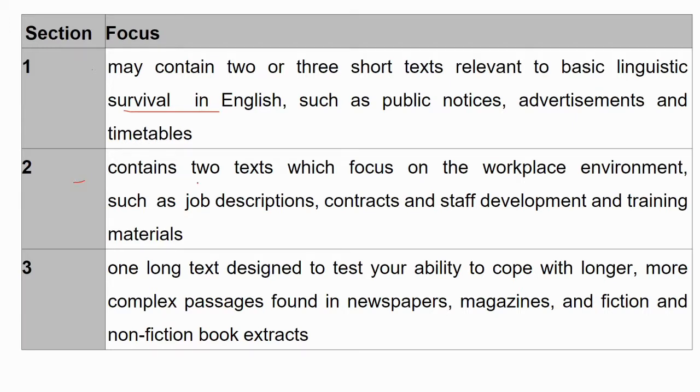Section 2 may contain 2 texts which focus on the workplace environment, such as job descriptions, contracts and staff development and training materials. The third is a long text designed to test your ability to cope with longer, more complex passages, which are found in newspapers, magazines, and fiction and non-fiction book extracts.